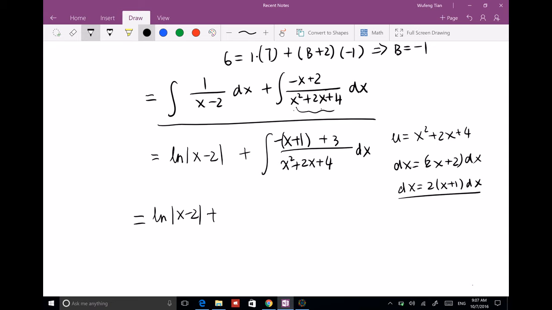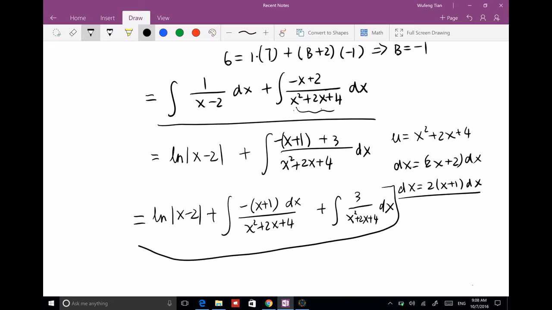Because if I separate the top right now, I get negative x plus 1 over x squared plus 2x plus 4 dx, plus 3 over x squared plus 2x plus 4 dx. I have no problem doing these two. I just did this one for you as an example, 5 times the square root of 3. I have no problem finding this one because the top is just a constant.